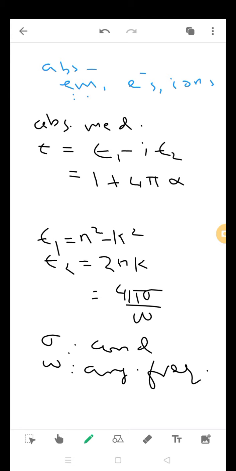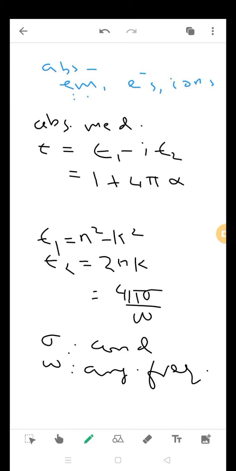Now this absorption is mainly because of the conduction of the free electrons, as in the case of metals. The conduction has a very strong role in optical absorption.